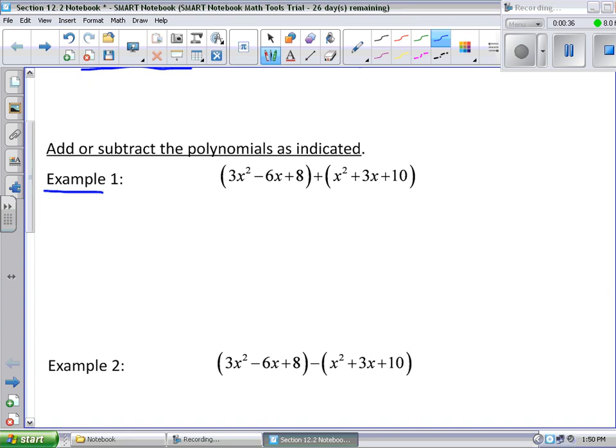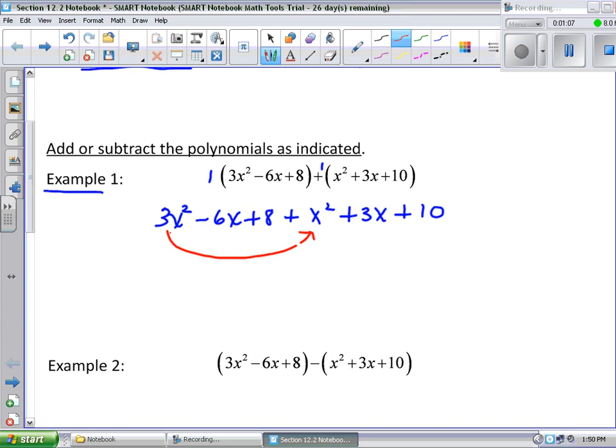Example 1. I have two trinomials to add together. So I'm going to eliminate the parentheses. There is nothing to distribute other than a 1 out in front of both of these, so I can just take off the parentheses to start off with. 3x squared minus 6x plus 8 plus x squared plus 3x plus 10, and then start the process of adding the like terms. 3x squared plus an understood 1x squared will give me 4x squared.